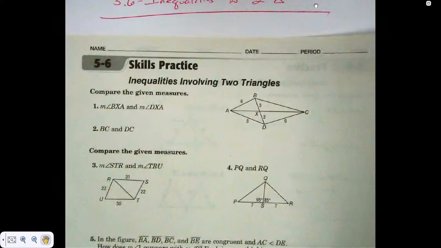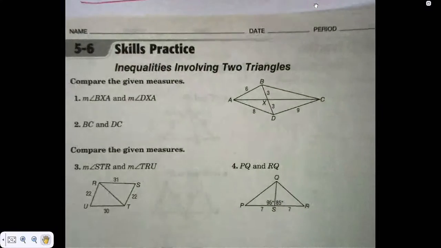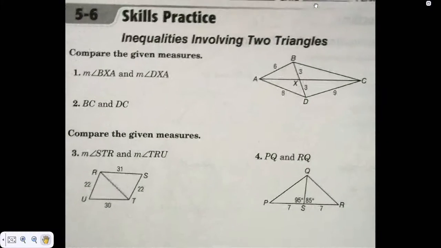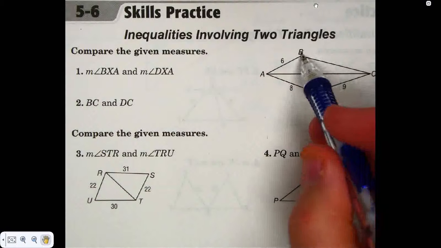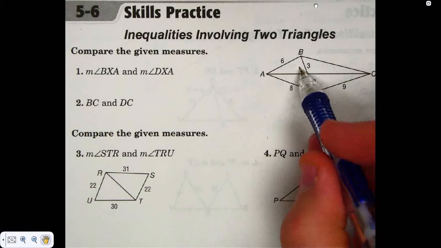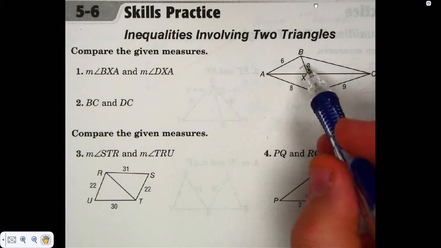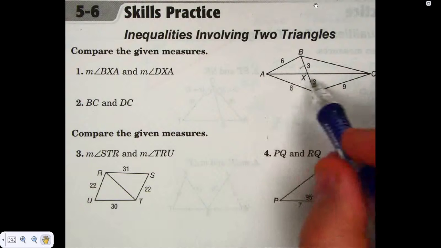Let's look at page 69. Page 69. Here we go. They want us to compare the given measures. Well, BXA. They want us to compare this one and DXA and this one.